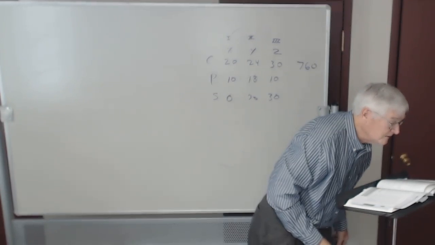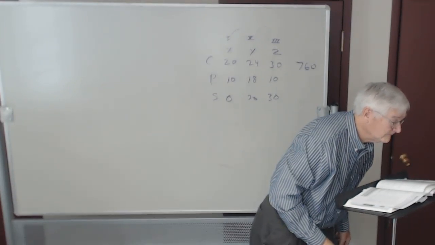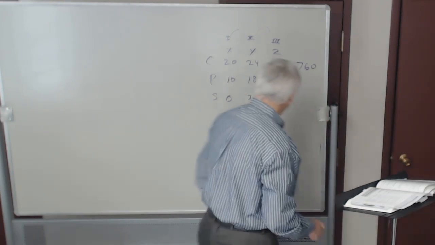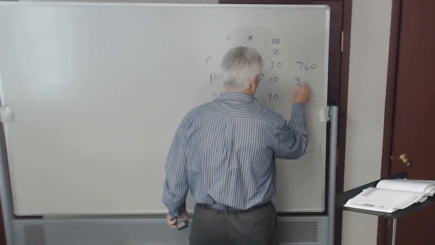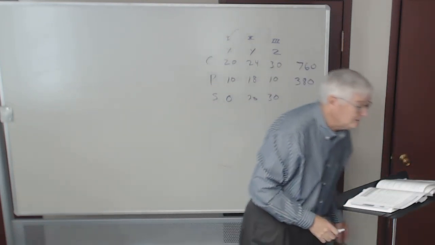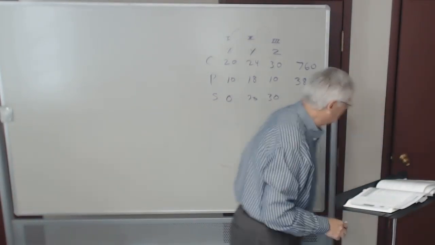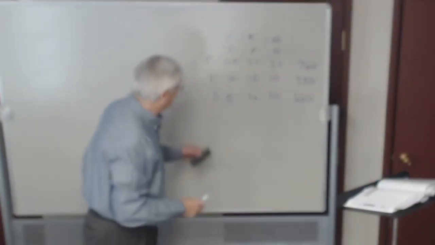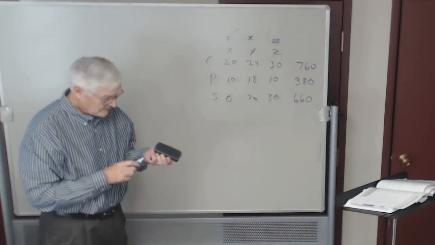So what's next? Peanuts was what? 380. And sandwiches was 660. Now do you see how you're going to set it up?